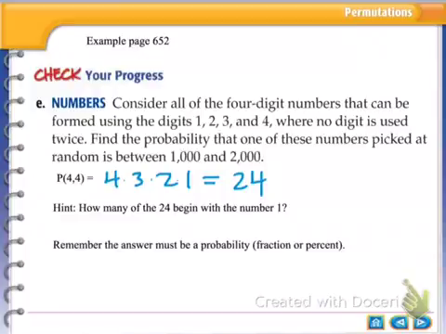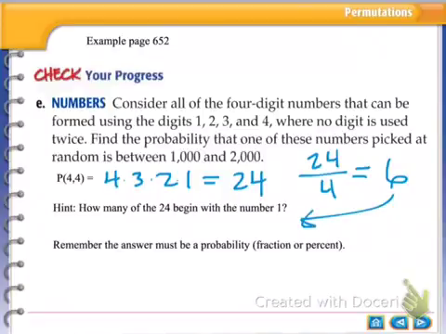If I've got 4 numbers in a row and there's 24 possibilities, then how many of those are actually going to start with the number 1? What could I divide by to see how many of them start with our number 1? Since there are 4 possibilities, I could divide by 4 and see that 6 of them are going to actually begin with number 1.